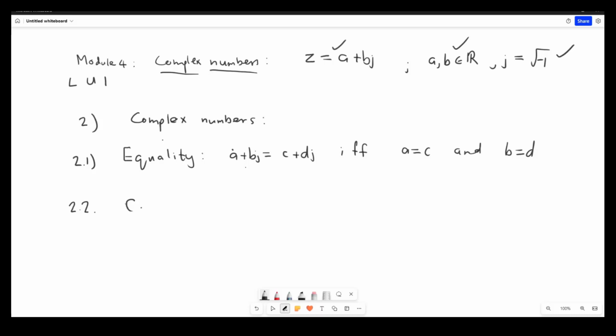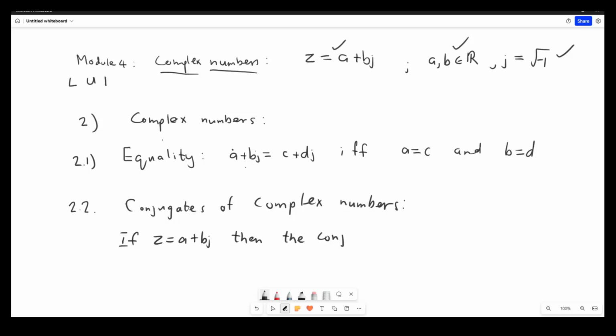So, conjugates of complex numbers. If z is given as a plus bj, then that's how we denote the conjugate.